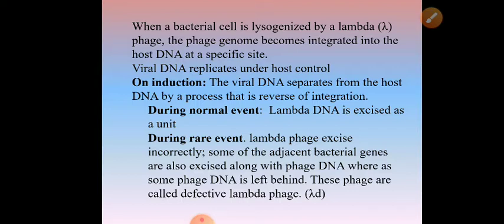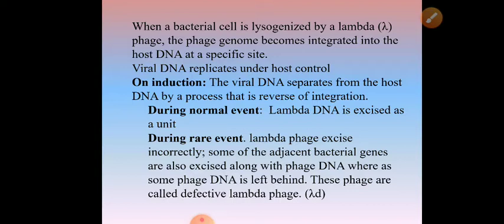But sometimes the excision or separation process is incorrect or improper. When the lambda phage excision is incorrect, the lambda phage, while getting separated from the host chromosome, will carry some bacterial genes with it.